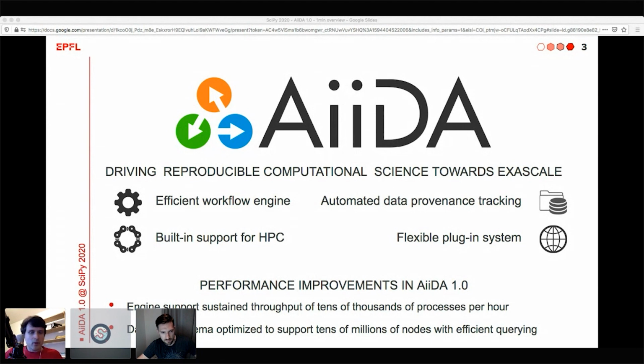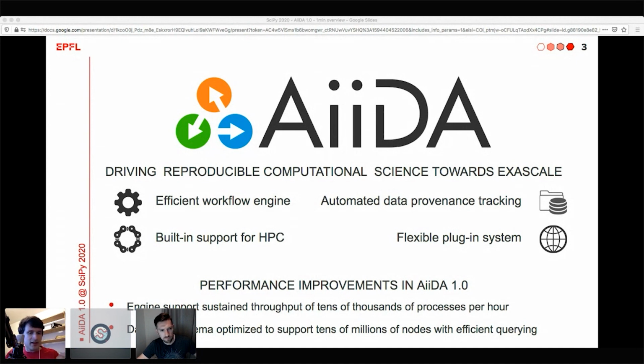And then another key point is the focus on provenance. So there are other workflow managers, even in materials science. You may have heard of, for example, FireWorks and Atomate, from the Materials Project, and more, which have their own design choices.